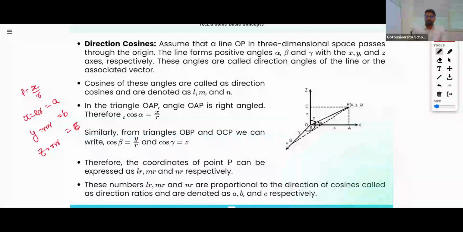The length along the x-axis can be taken as A, along the y-axis as B, and along the z-axis as C. These are called direction ratios. Remember this. These LR, MR, and NR are proportional to the direction cosines, and they are called direction ratios, represented by A, B, and C.